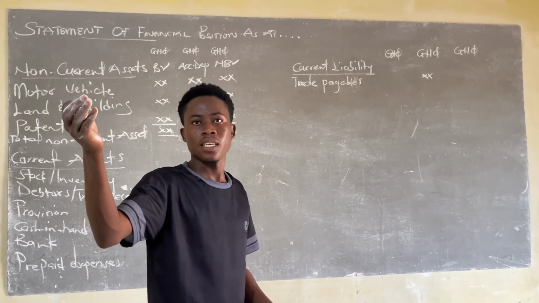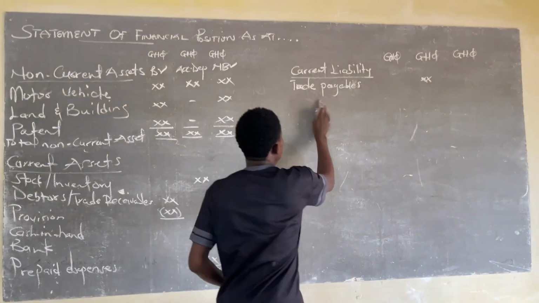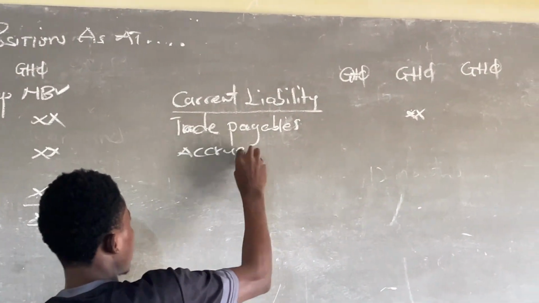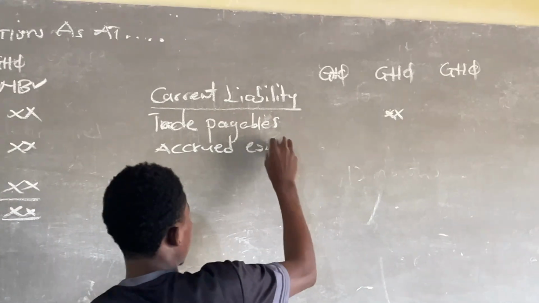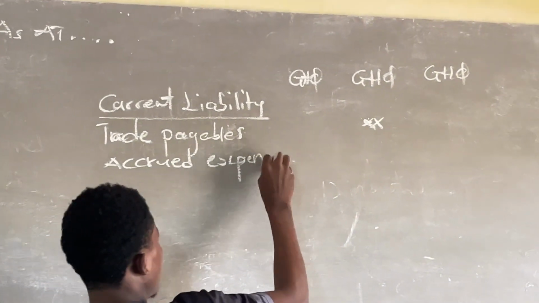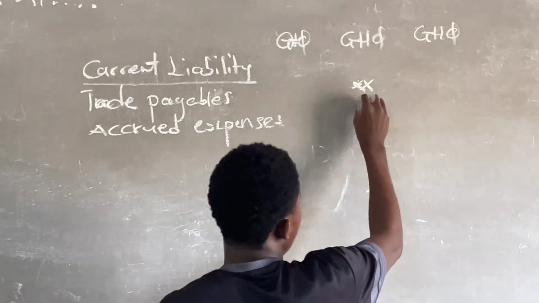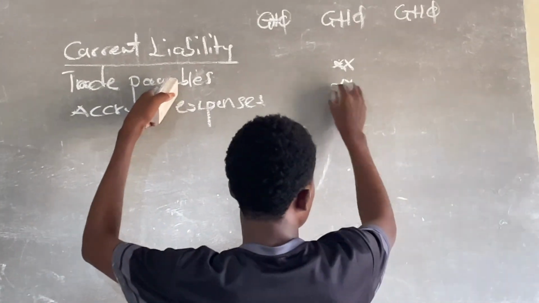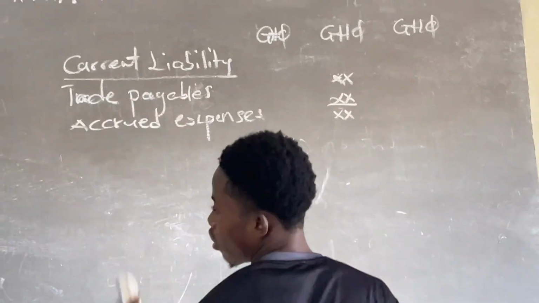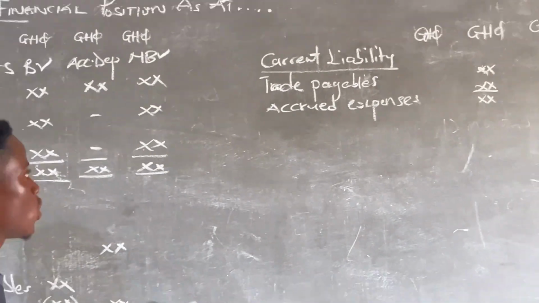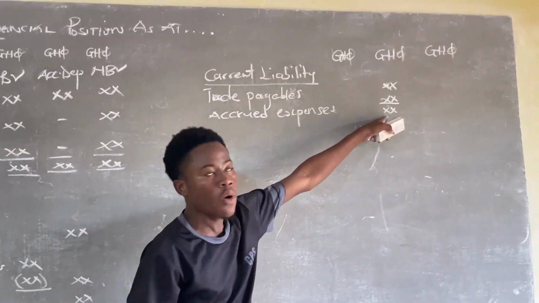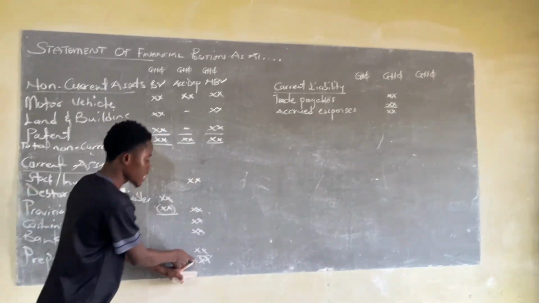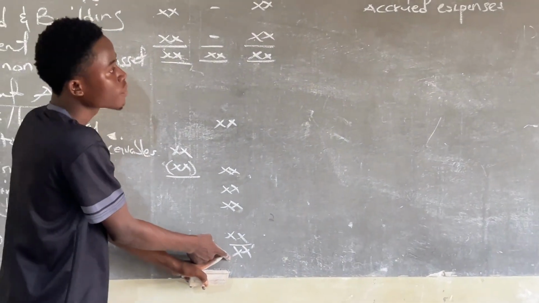So we add our accrued expenses to the trade payables. And then the amount of money we have becomes our total current liability. And now this is our total current asset.